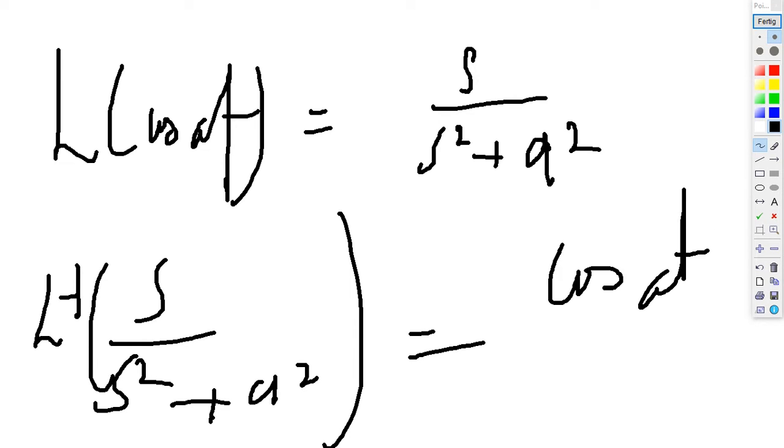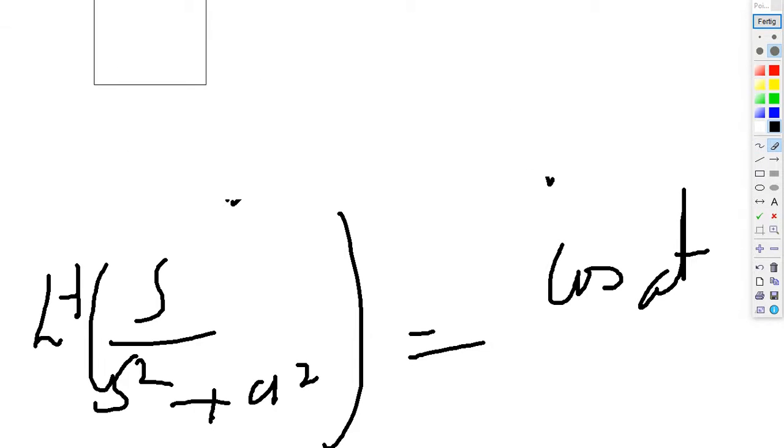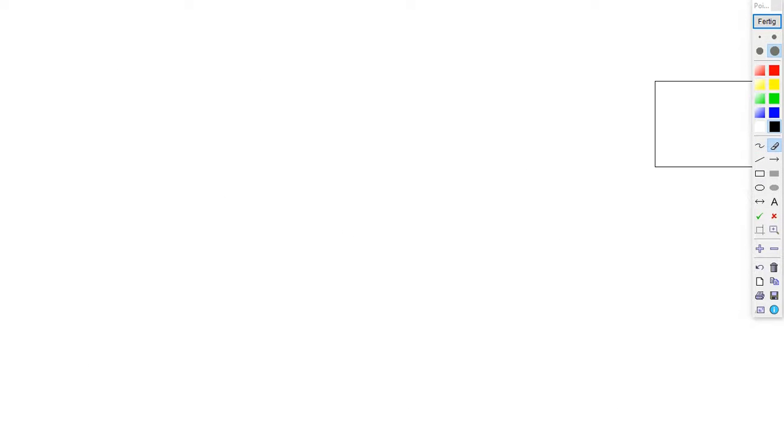Let's elaborate with some simple examples. For this we also have the hyperbolic functions, and I'll write only the answers.